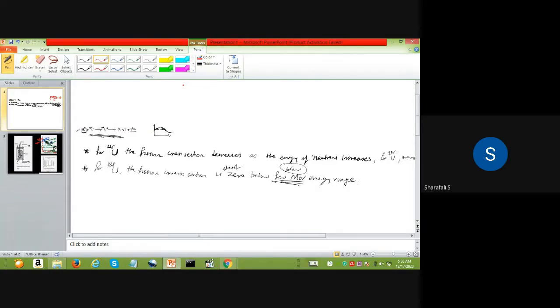What we discussed here is that a neutron is absorbed by uranium 235 and becomes excited, and then it will split into different nuclei plus some number of neutrons. So that is the fission reaction that is happening.